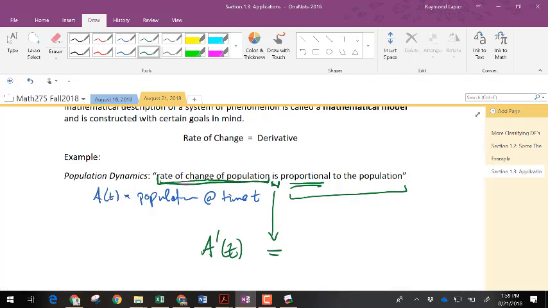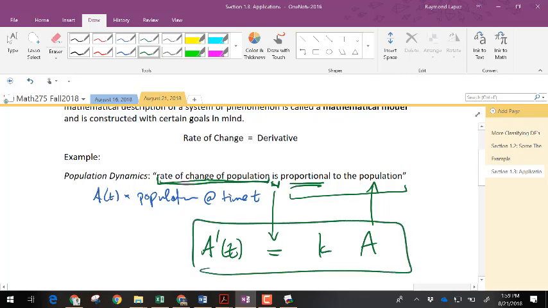Proportional to the population again. So the population is A, and when we say proportional to that, what do we say? A constant times a variable. That's our differential equation.